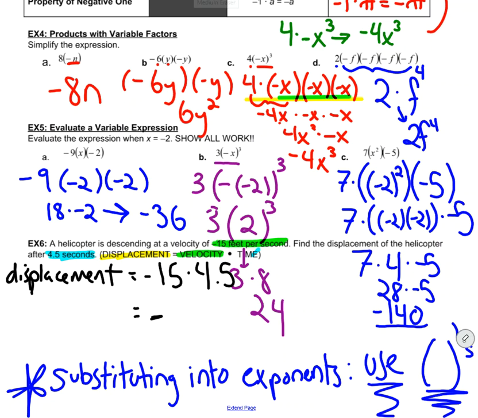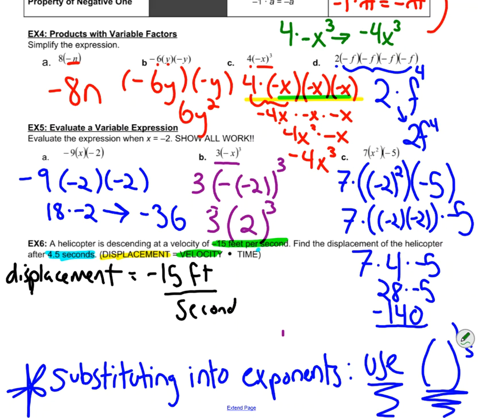Let's erase, folks. So sorry. It's been a long day. Let's see. Displacement is equal to negative 15 feet, and then per second. So I'm going to put that per second. That per is just saying, put that second on the denominator. Negative 15 feet divided by seconds. That's really what that per means. Times 4.5 seconds.